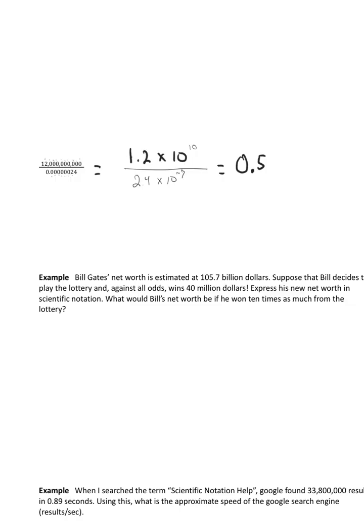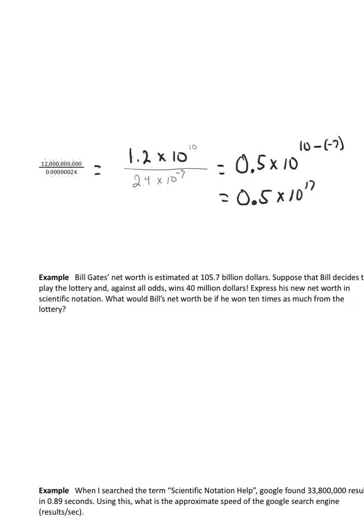0.5. And then this one here, remember if it's division, you subtract the exponents, but this is kind of a funky one because it's 10 minus negative 7 because you're subtracting a negative. So that ends up being 0.5 times 10 to the 17th.